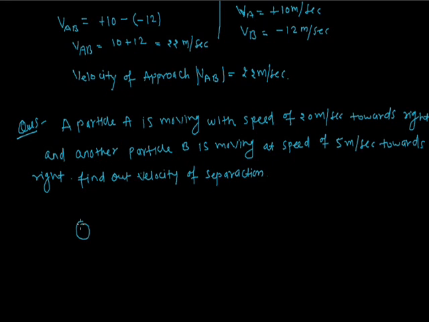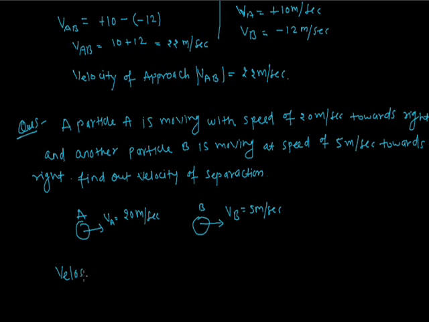So first draw the diagram. That is particle A that is moving towards the right side with a velocity of 20 meter per second. There is another particle B that is also moving towards the right side with a velocity of 5 meter per second. So the velocity of A, 20 meter per second, is with respect to ground. Now we have to find the velocity of separation.